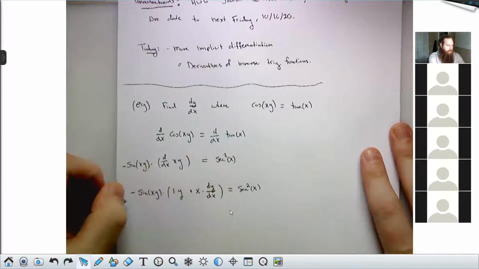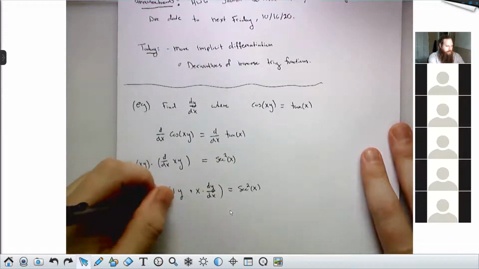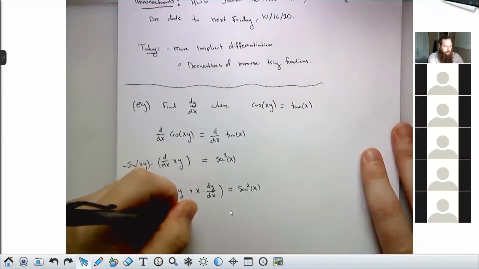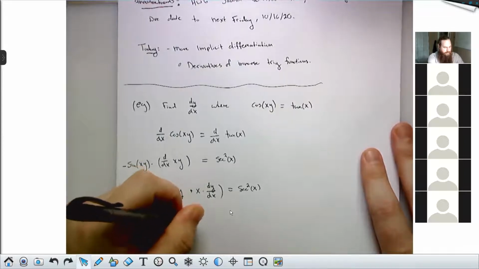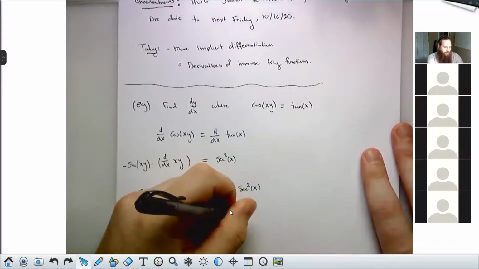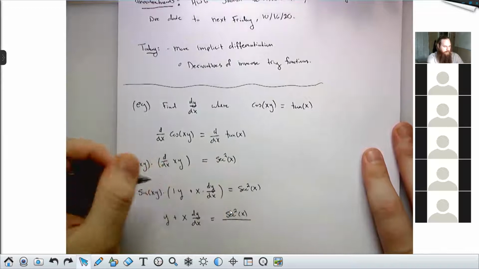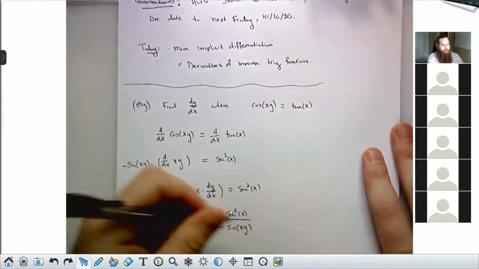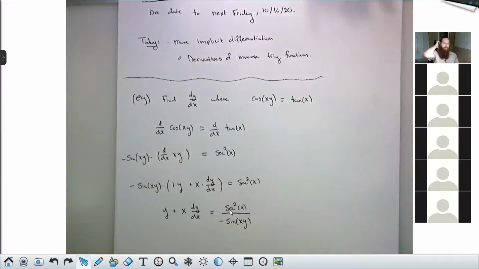So if I divide both sides by negative sine of xy, then I'll get 1 times y, or just y, plus x times dy dx equals secant squared of x divided by negative sine of xy. Everybody comfy with that?